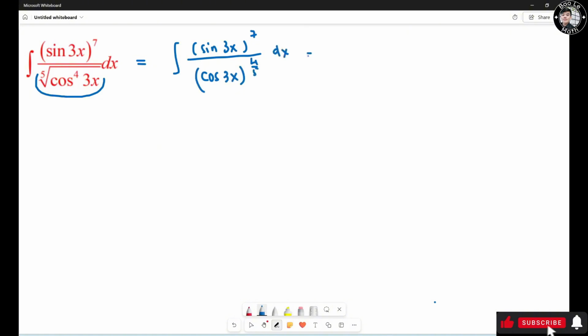Now I'm going to bring this one to the top, so it turns out to be cosine of 3s raised to the negative 4 over 5, times sine of 3s to the 7.